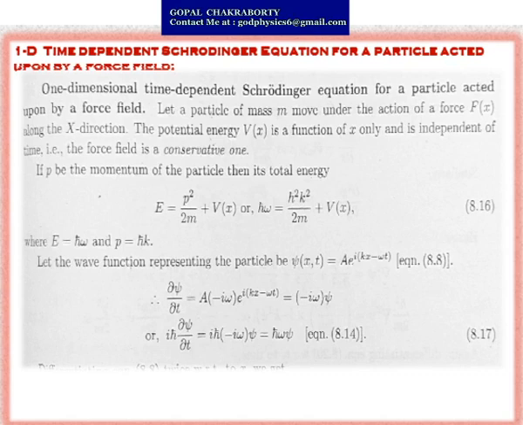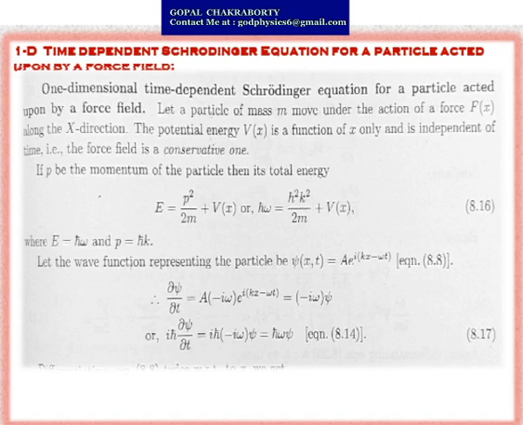If you multiply both sides with i h cut, you will get i h cut del psi del t equals i h cut times minus i omega times psi. Minus i into i gives i square, which is minus 1, so the minus sign cancels out. So i h cut del psi del t equals h cut omega times psi. Now this is the first case.